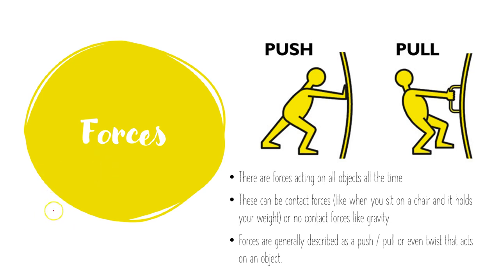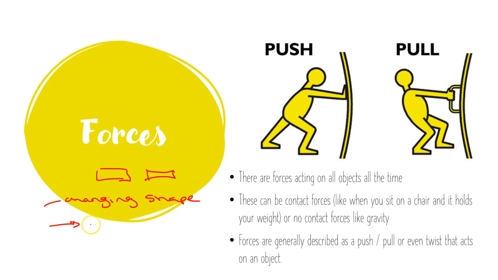We can observe these by seeing an object changing shape. This will allow us to know that a force has acted on it. So if you apply pressure to a sponge, we know that it will change shape. That is one way that we can tell a force is acting on something.